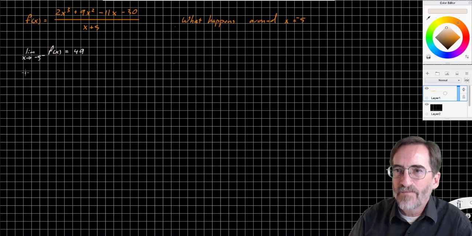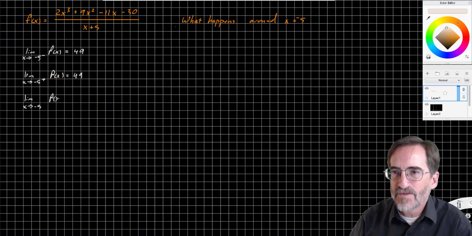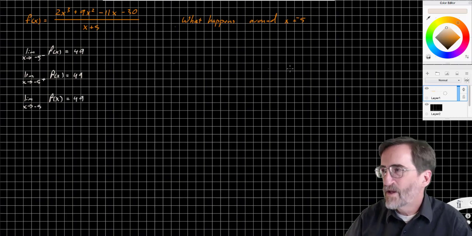We say the limit as x approaches negative 5 from the right is f of x equals 49. And we say the limit as x approaches negative 5, period, from the left and the right, seems to be in agreement at 49.